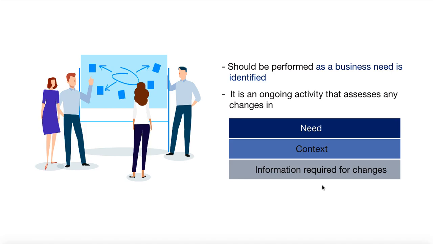So that's why it's very important that when the business need is being identified, strategy analysis also needs to go in parallel. And as I said, it's an ongoing activity that assesses any changes in the need, context, and information.